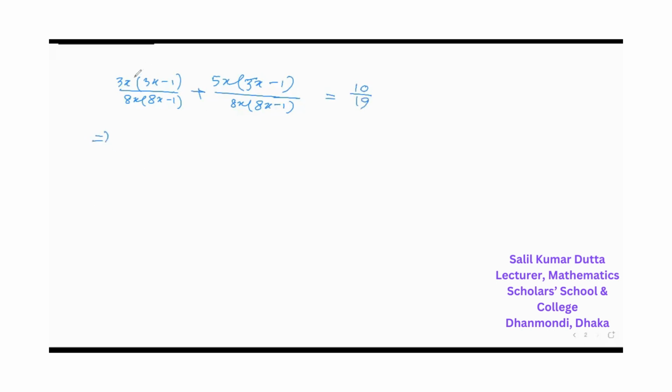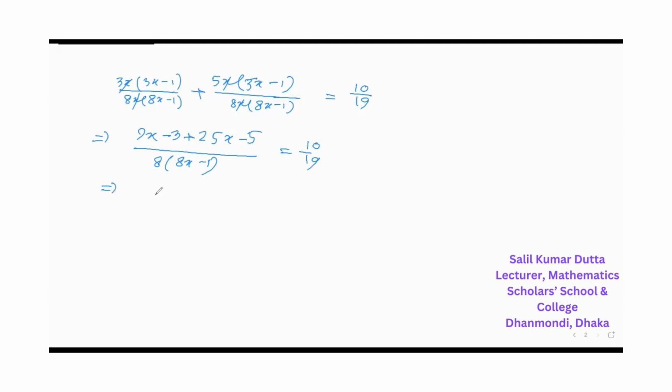From the two components, x can be cancelled. We do not need to carry this, we will multiply: 9x minus 3 plus 25x minus 5, and the denominator is the same, 8 times 8x minus 1, equals 10/19.